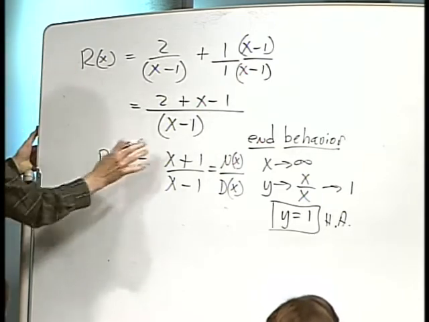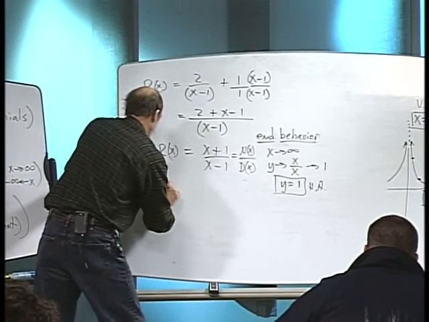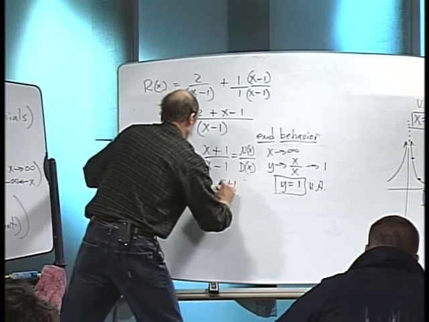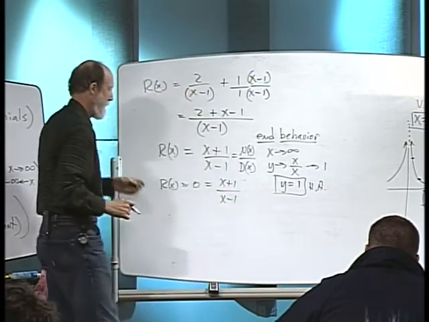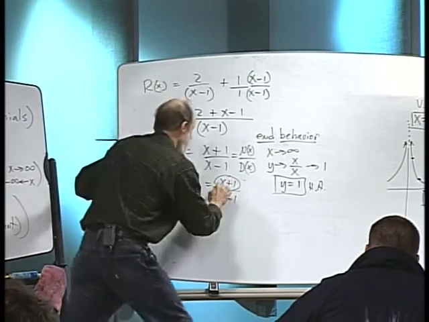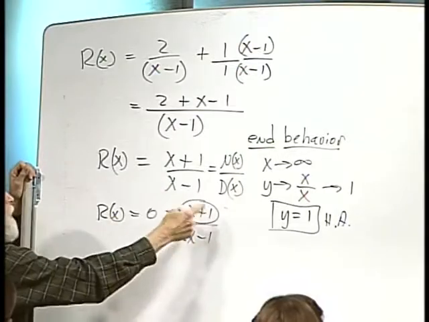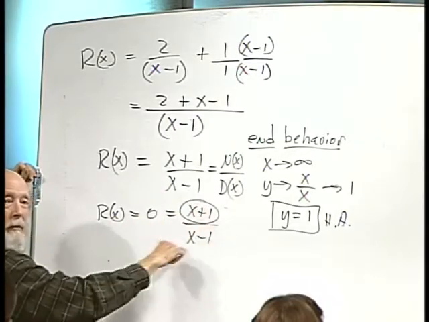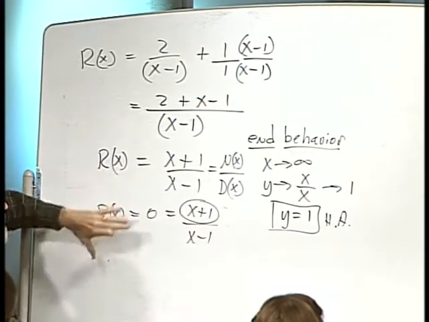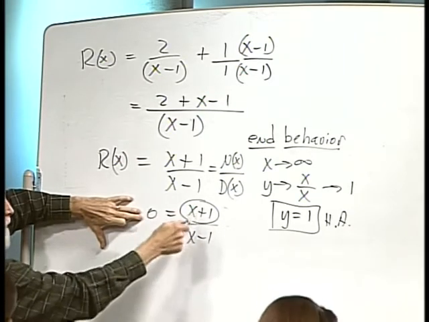What would make this fraction 0? What will make r of x equal to 0 if you've got a fraction here, x plus 1 over x minus 1? Doesn't turning that numerator into 0 make this equation turn to 0? Okay. Or you can just look at this problem now. 0 equals this fraction.